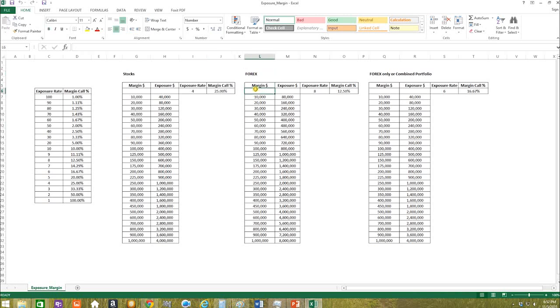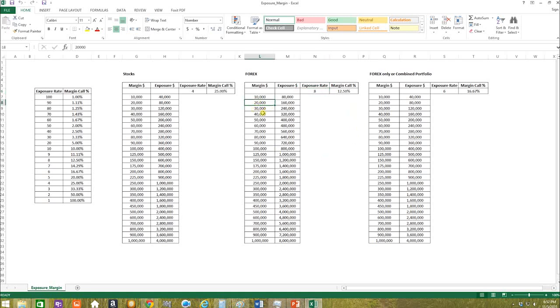In Forex, we have the same table worked out. If we have our exposure rate at 8 times, we can receive a margin call only if we lose 12.5%.